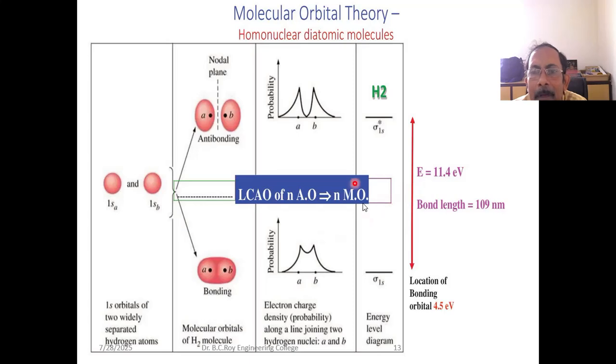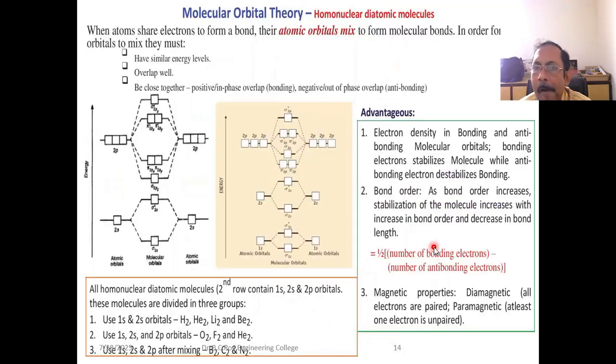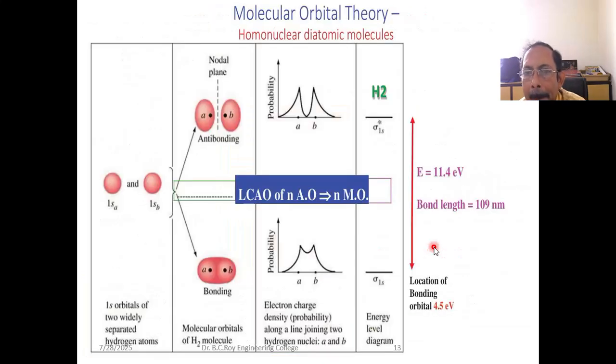Just like here, if I take two hydrogen atoms involving one s orbital from each atom, we get one sigma and one sigma star for the hydrogen molecule, one sigma at the bottom and one sigma star at the top. For hydrogen, the difference in energy between the sigma and sigma star is 11.4 electron volt and the bond length is 109 nanometer.